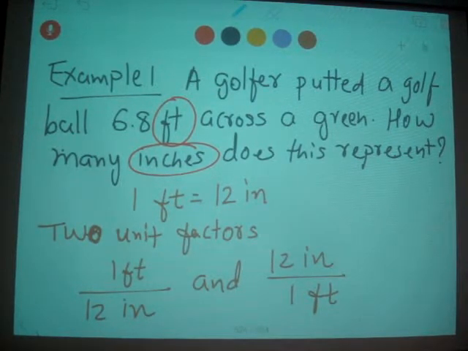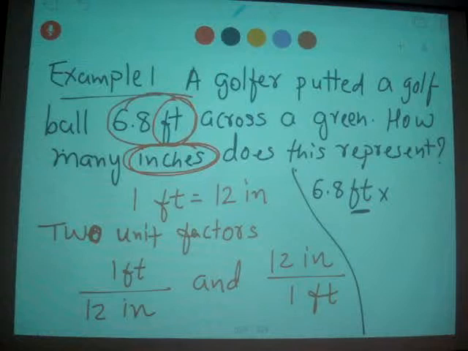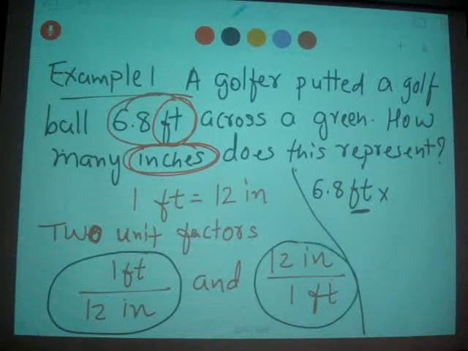Okay, now there are some steps. Here we have been given 6.8 feet and we need to convert into inches. So I'm going to write 6.8 feet. This foot is given and we need to convert into inches, so we are going to multiply by one of these factors.